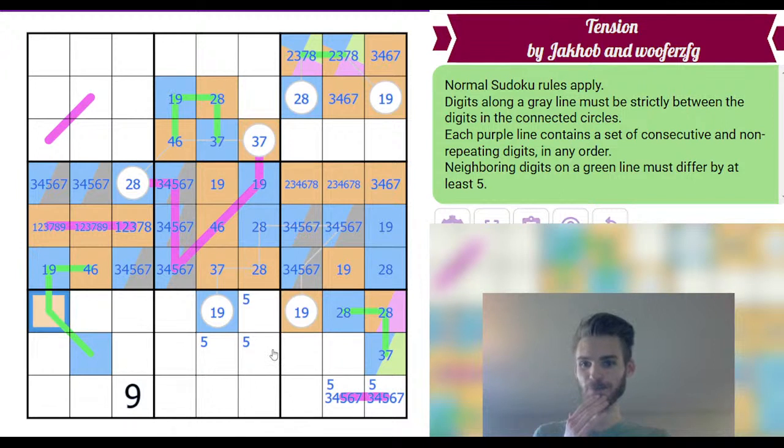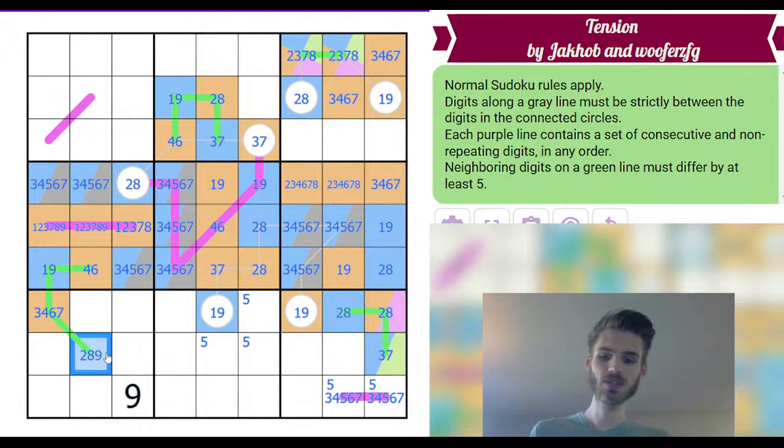This digit can't be 4, 6. Oh, could it be 4, 6? Oh, it might be able to be 4, 6 actually. So it might be 4, 6. It's not 2, 8, and it's not 1, 9. So this is either 2, 8 or 1, 9.